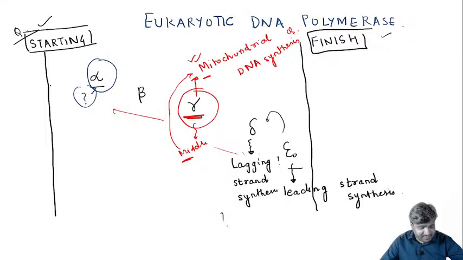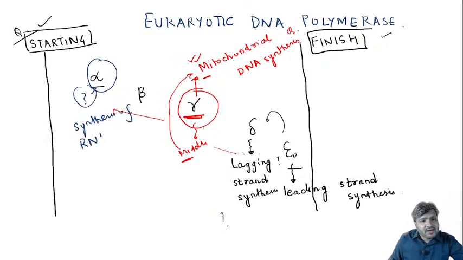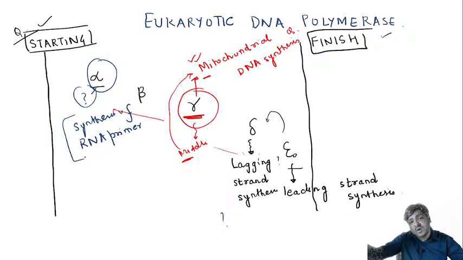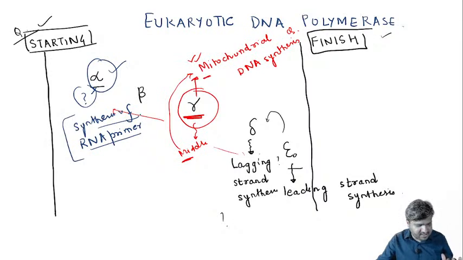Ultimately it helps in synthesis of the RNA primer. RNA primer will be added, and only after that DNA polymerase 3 acts to continue the leading strand, and that's why it is in the first position. We have the first step, guys, that is the synthesis of the RNA primer, that is alpha.